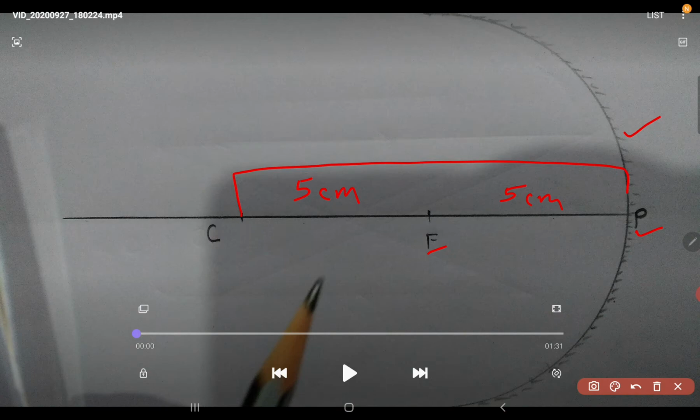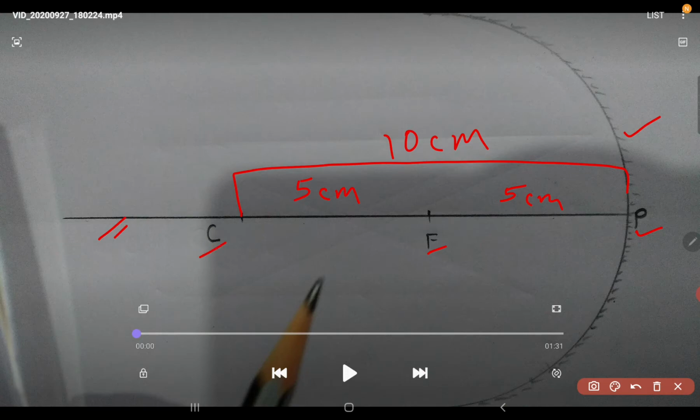Just to save time, I have already drawn the concave mirror and I have marked the pole here. I have taken this as 5 centimeter from the pole and this also at 5 centimeter from the focus. That means total from here to here it is 10 centimeter, and this particular length is extra. Here is the center of curvature.